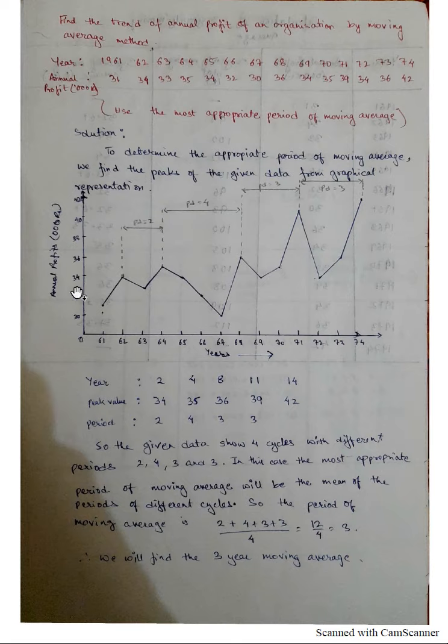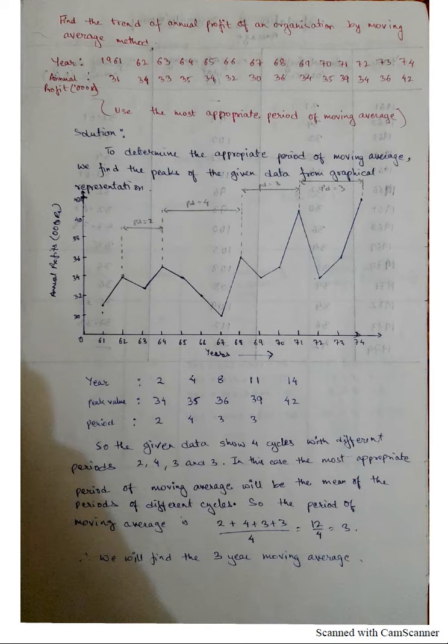So 30, 32, 34, 36, 38, 40, and 42. We have plotted these profits starting from 30, the lowest profit, up to 42, the highest profit, and we have maintained a scale of 2 units here.